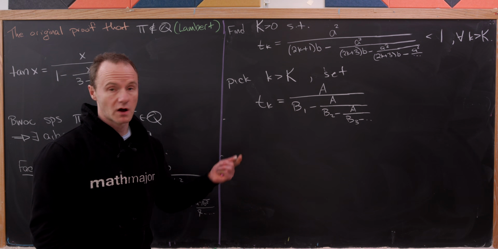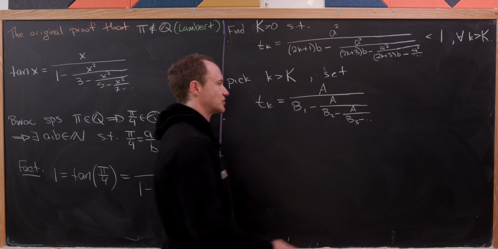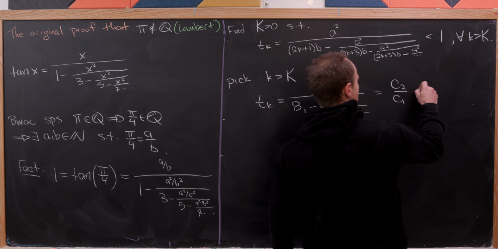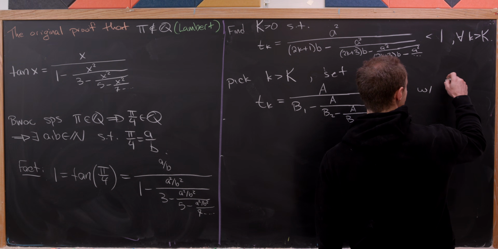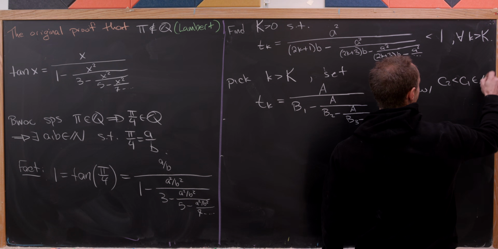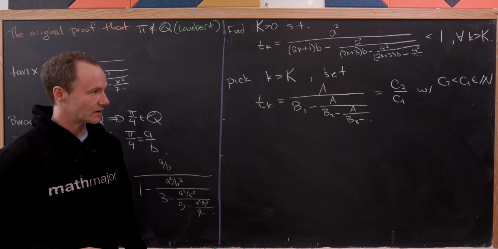And let's recall that not only is that less than 1, but we are assuming that it is a rational number. So we can write it as c2 over c1 with c2 less than c1, and they are both natural numbers because it's a rational number less than 1.